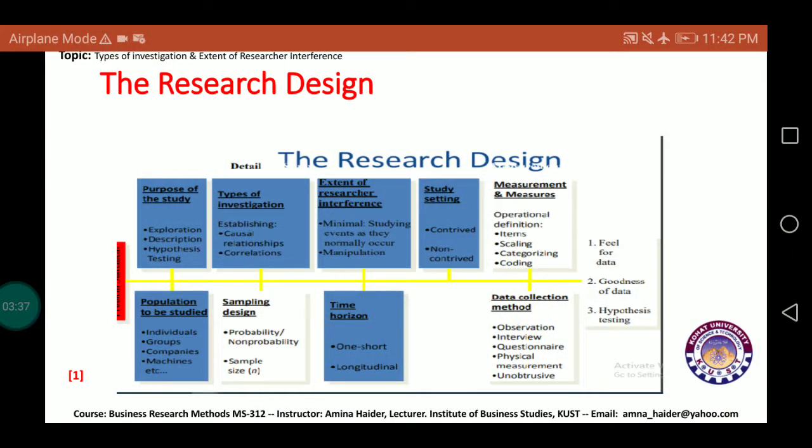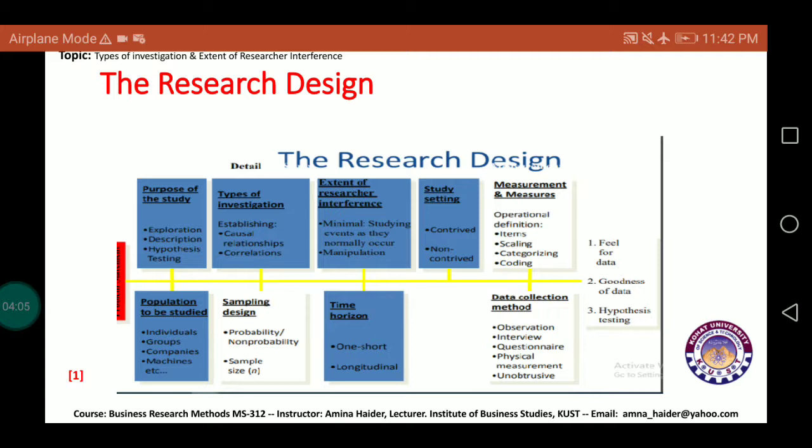This figure would give you complete detail of all the elements that are necessary to be taken care of in advance before actually conducting the study. So you have to decide on the types of investigation, you have to decide on the extent of researcher interference in the study.